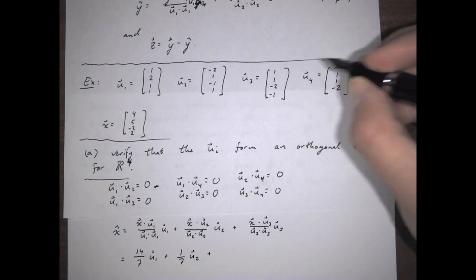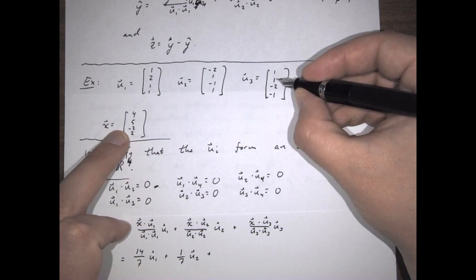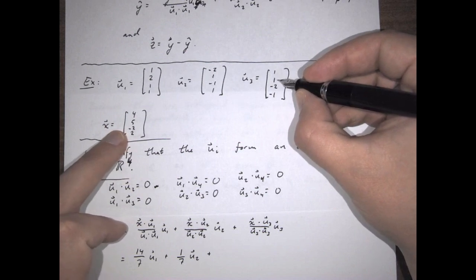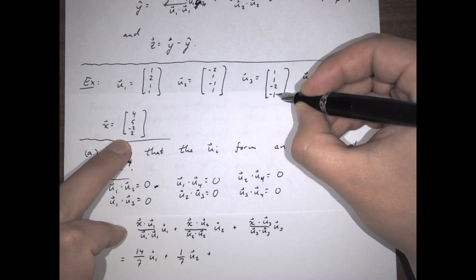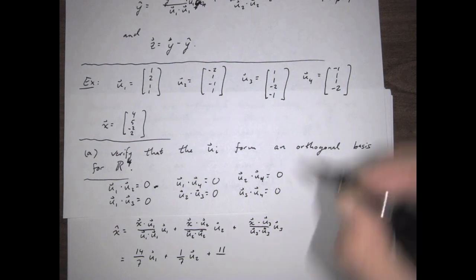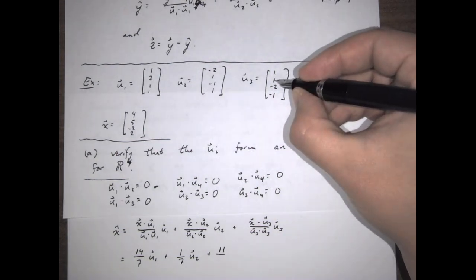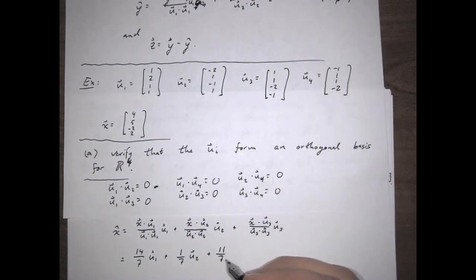And then the last one here. So we have 4 times 1 plus 5 times 1, that's 9 so far, plus 4 minus 2. So it's going to be a total of 11. And then downstairs we have 1 squared plus 1 squared plus 2 squared plus 1 squared. That's going to be 7.